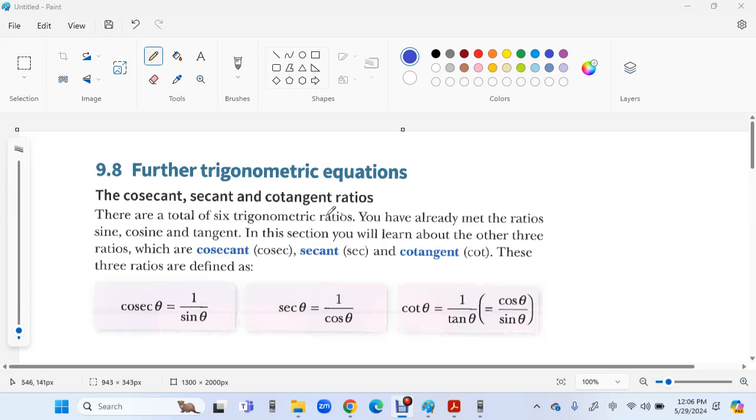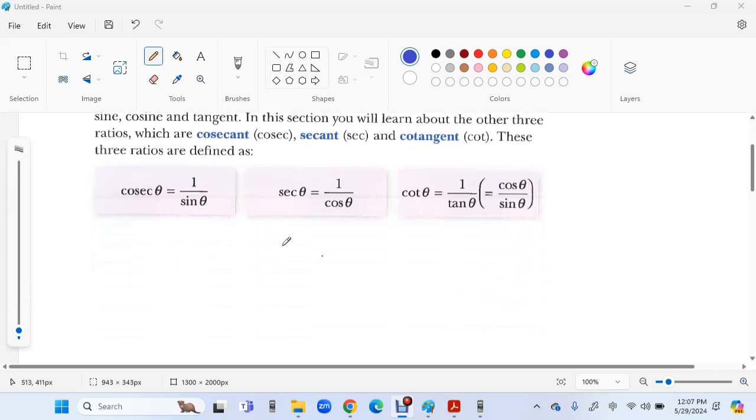Okay, so we have the cosecant is 1 over sine, secant is 1 over cos, cotangent is 1 over tangent. Okay, and the cotangent we also call it cos over sine. So over here, this one is very easy to memorize.